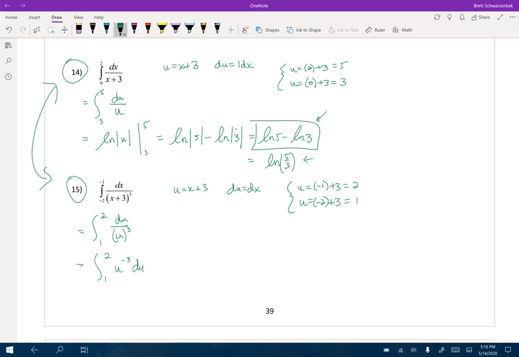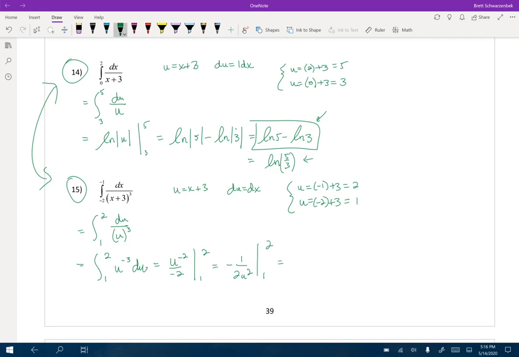Once we have that, then we can integrate and get u to the -2 over -2 from 1 to 2, which is the same as -1 over 2u squared from 2 to 1. So we can then just evaluate.